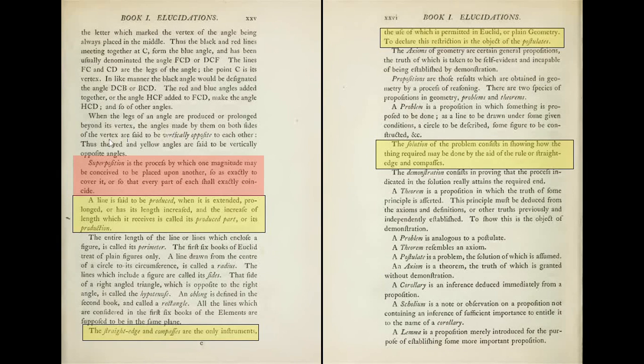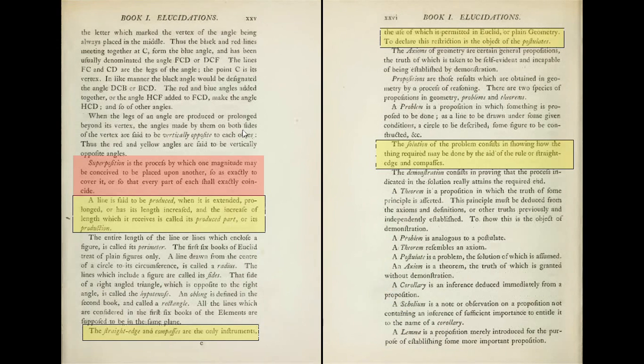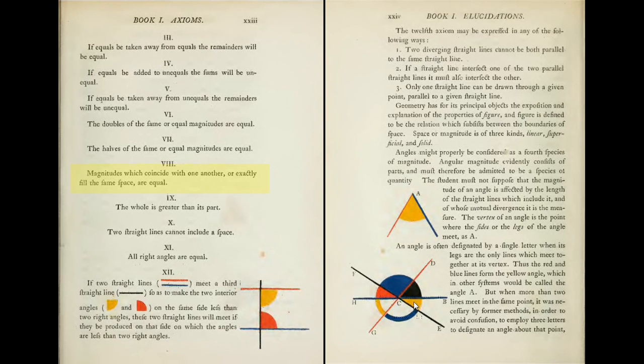The angles made by them on both sides of the vertex are said to be vertically opposite. That would say to me that this is vertically opposite this, but that's not an example. Thus, the red and yellow angles are vertically opposite. Oh, these ones. Solid red, solid yellow.